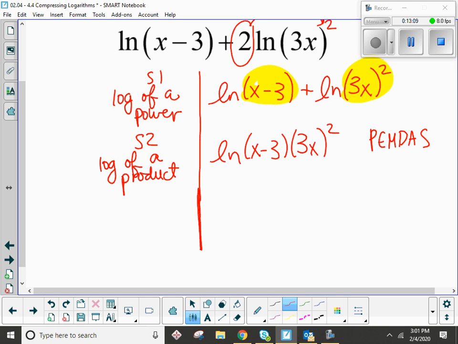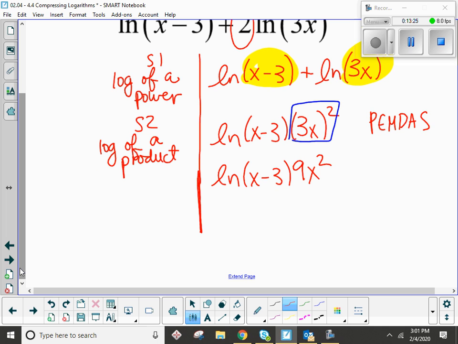So that means this. 3x quantity squared, or parentheses squared, means 3x times itself, which is 9x squared. And step 2 said to distribute also as necessary or appropriate. What does it say? It says appropriate. So now I can distribute that 9x squared.